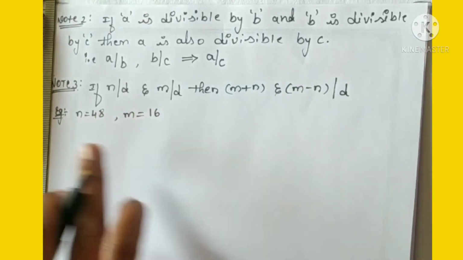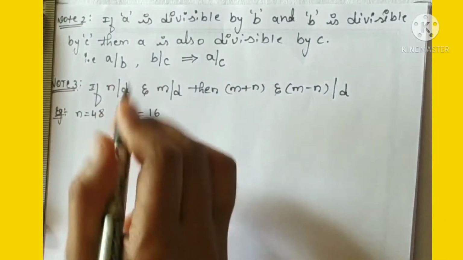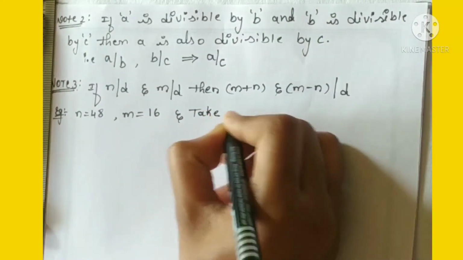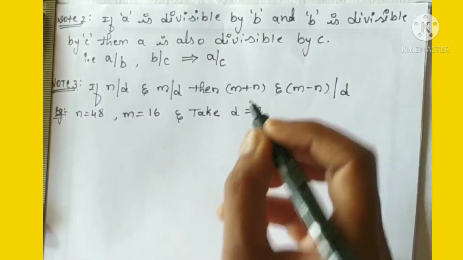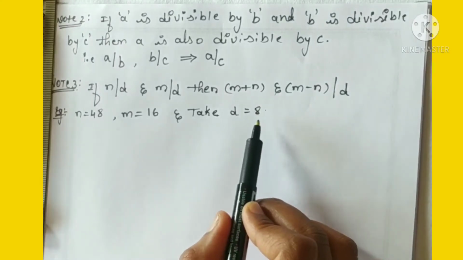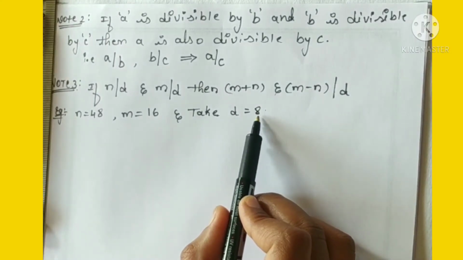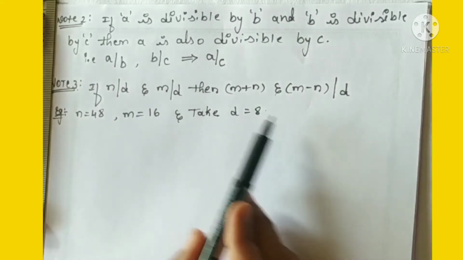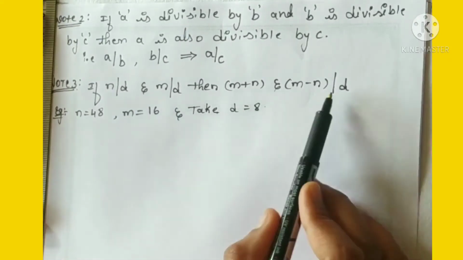I just consider these to show this rule, and take D is equal to 8. Why have I taken D is equal to 8? Because this 8 divides both 48 and 16. All of this I consider according to this note only.